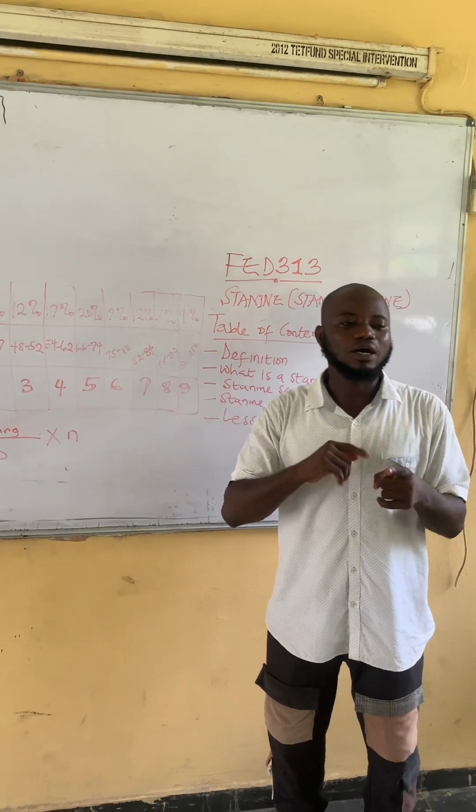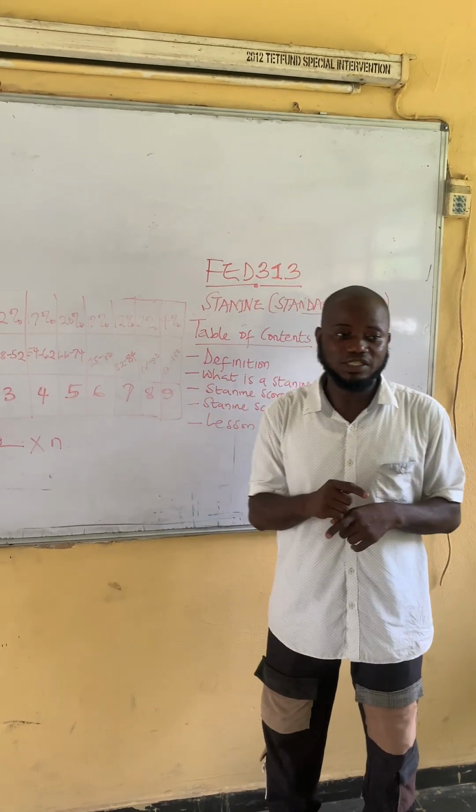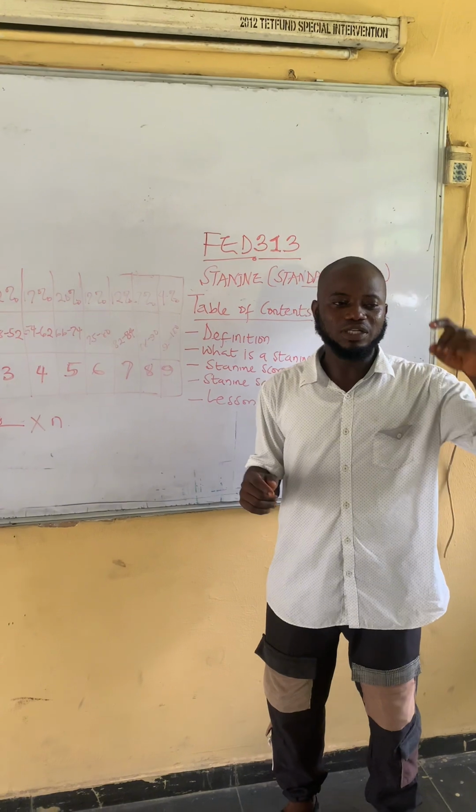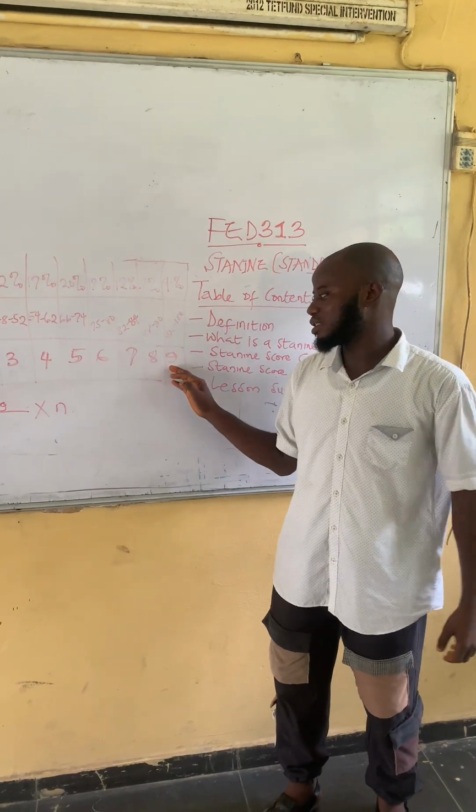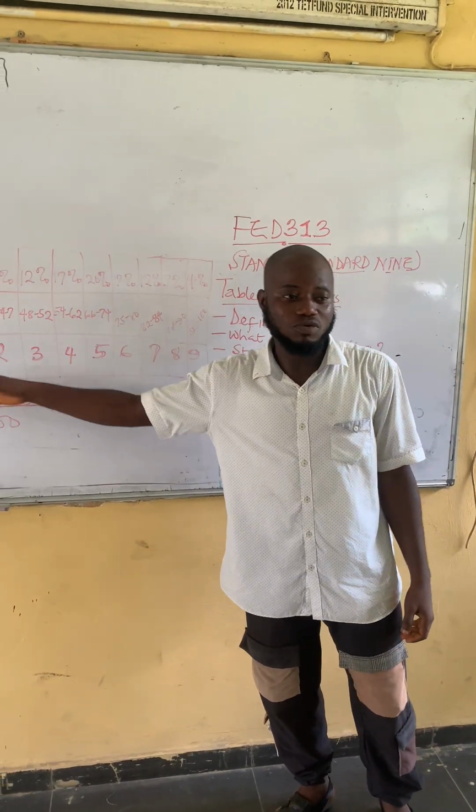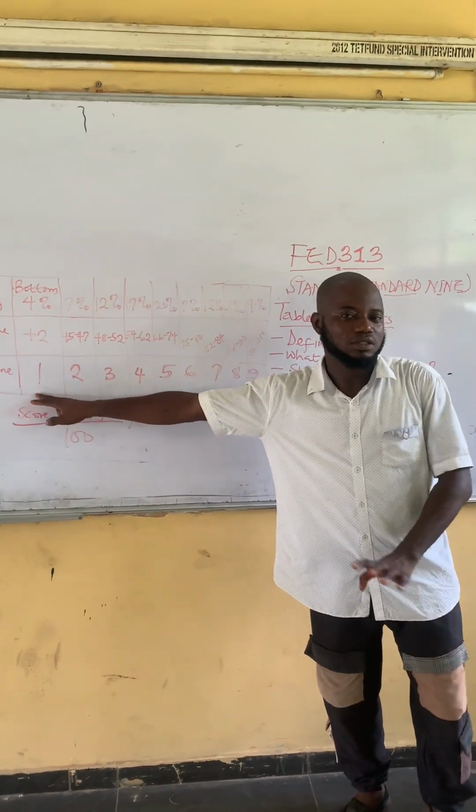They are opposite, they are reverse. So in Stanine, 9 is always the highest, while in WAEC and NECO, 1 is the highest.